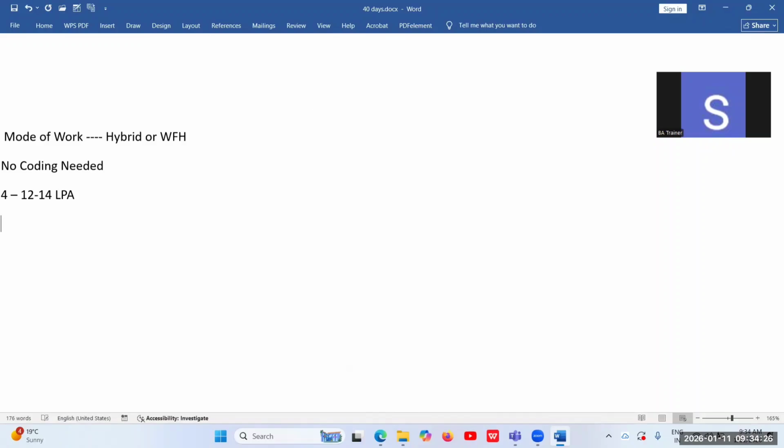And is it suitable to transition the career from non-IT to the IT sector, or for those who have a career gap? Absolutely, guys. The non-IT experience you have, you can easily convert it and become a business analyst, but it requires real-time experience.